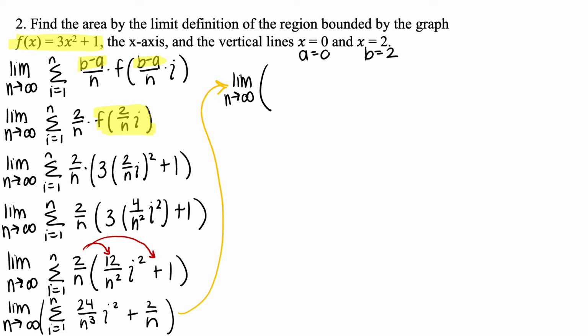So let's pull this 24 over n cubed out front, and the 2 over n, also a constant. So we have 24 over n cubed times the sum from i equals 1 to n of i squared, plus 2 over n times the sum from i equals 1 to n, and since there's nothing there, it's an invisible 1 of 1.